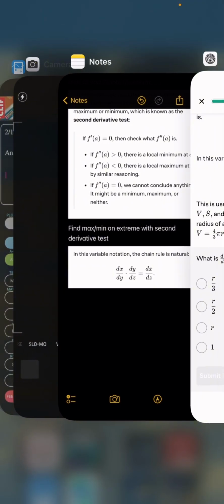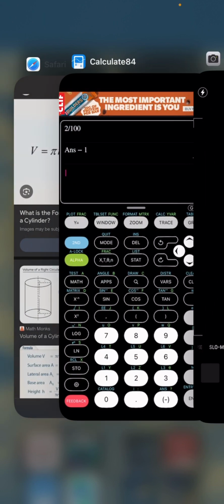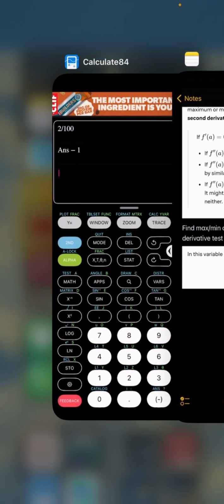I wonder if we can insert this equation into the calculator. Let me just close these really quickly.